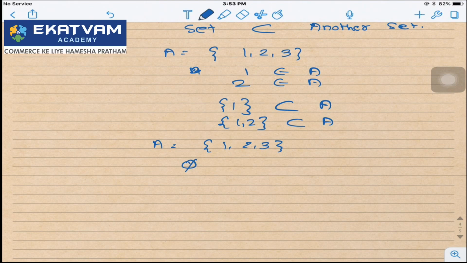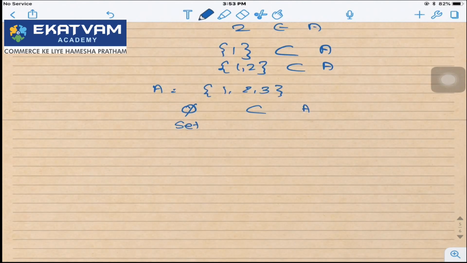So remember, {5} is a set, and therefore you will have to say {5} is the subset of A. But what about {5} and power set of A? अभी power set में {5} ये एक element हो जाता है. Therefore {5} belongs to power set of A. So {5} is the subset of A, but {5} belongs to power set of A, because अगर set है तो subset, element है तो belongs.